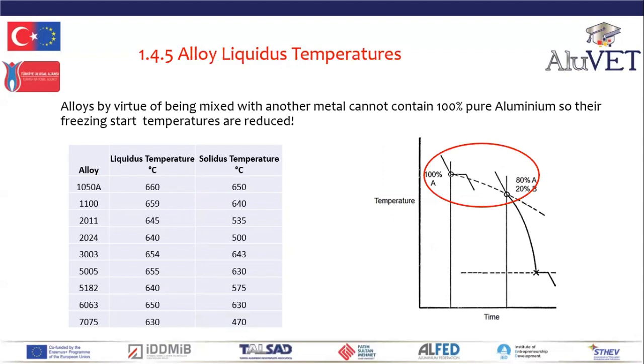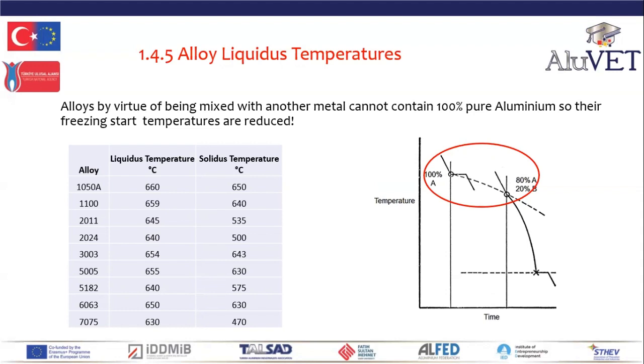Now, alloys are not pure metals. So alloys, because they are mixed with another metal, can never be 100% pure aluminium. So the freezing start temperature of an alloy will be much lower than that of aluminium.